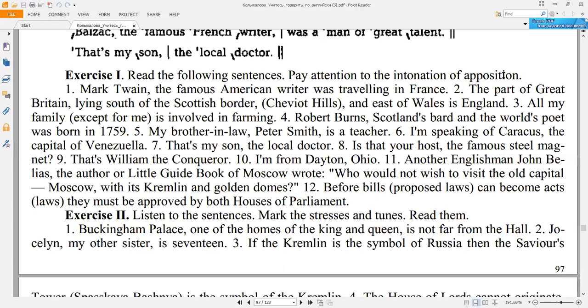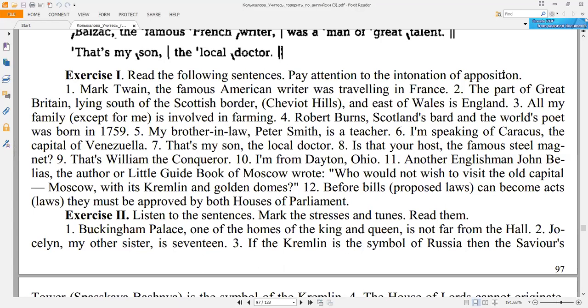Robert Burns, Scotland's bard and the world's poet, was born in 1759. Okay, thank you. Robert Burns, Scotland's bard and a Welsh poet. So on poet, here it rises. Then the second part should fall. Robert Burns, Scotland's bard and the Welsh poet, was born in 1759.